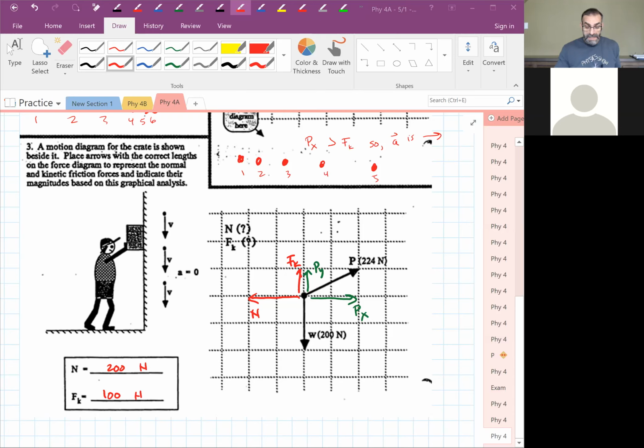Then the only force acting on this box is gravity, right? If there's no pushing force pushing it into the wall, then the only force acting on it would be gravity.